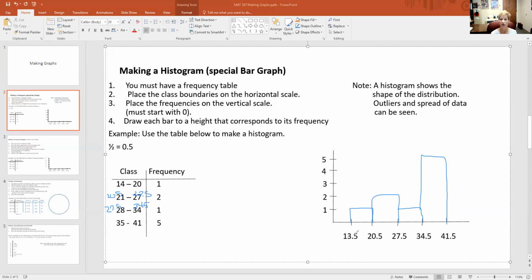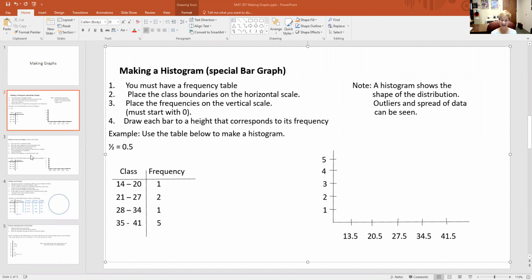The book does put the smallest one right here, but I think it makes the graph harder to read, so you'll see me skip over before I start. So that's how you make a histogram. Make sure you've got these notes: freeze the video, and make sure you've got these steps and this example in your notes so you can do your homework.